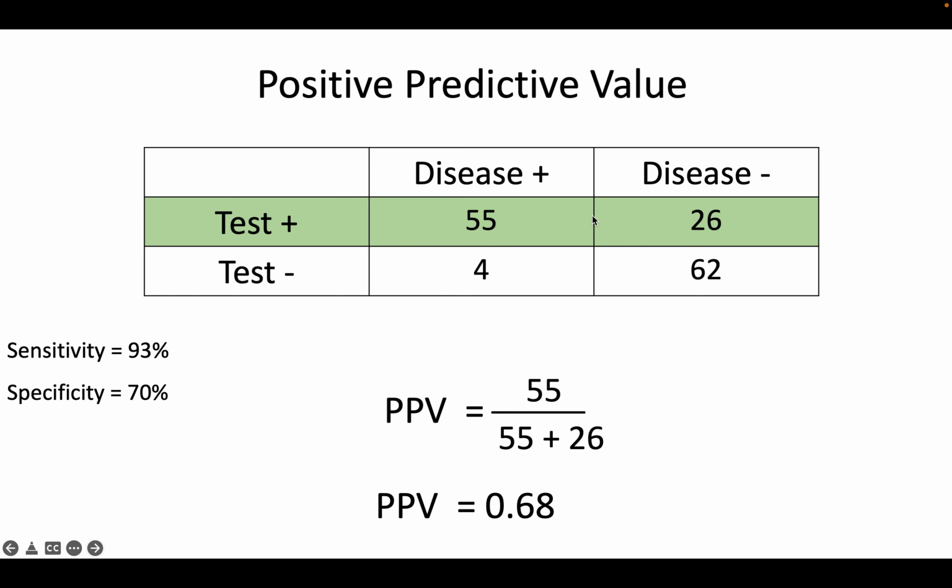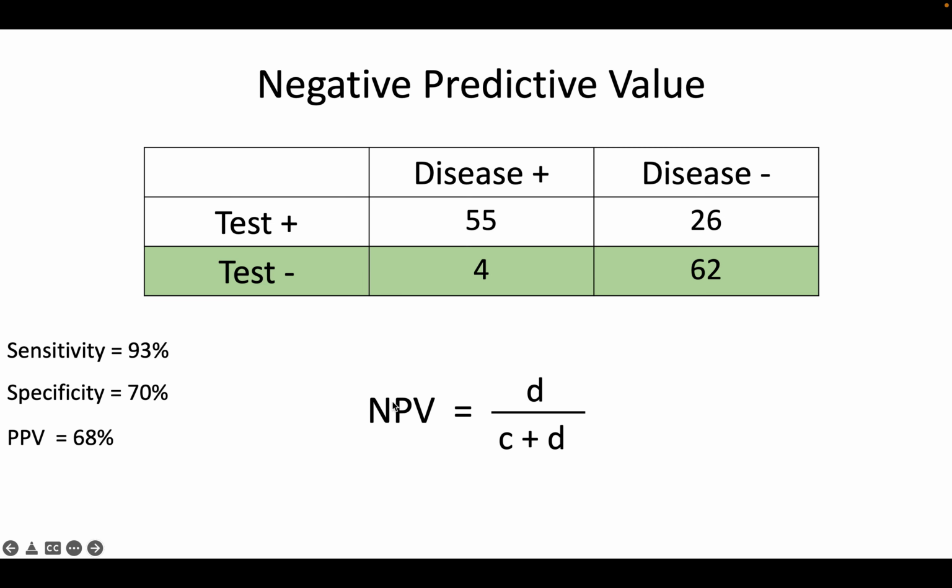So 68% of those who we called test positive really were. And negative predictive value, D over C plus D, the number that are truly disease negative, true negatives, over everyone we call disease negative. So 62 over 4 plus 62, and that's pretty good negative predictive value.